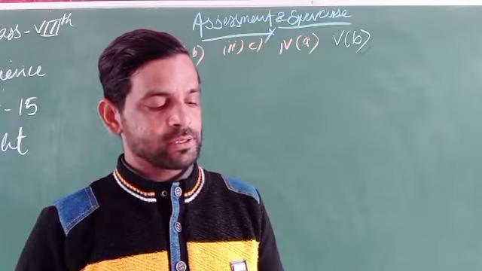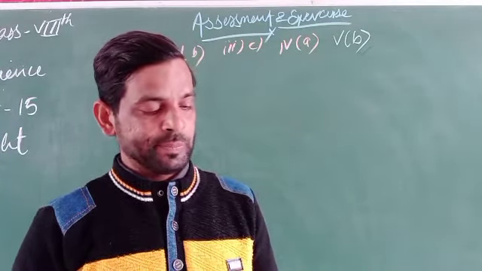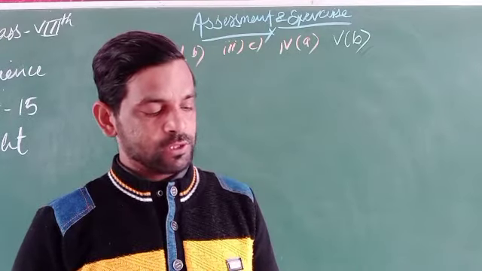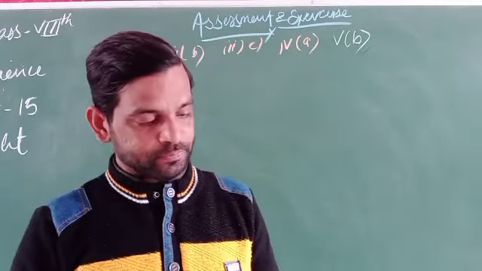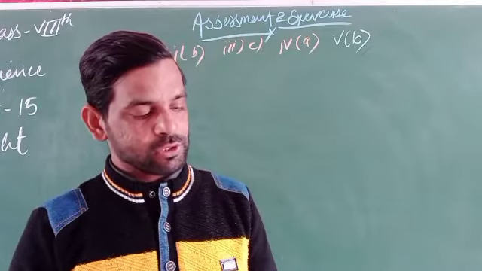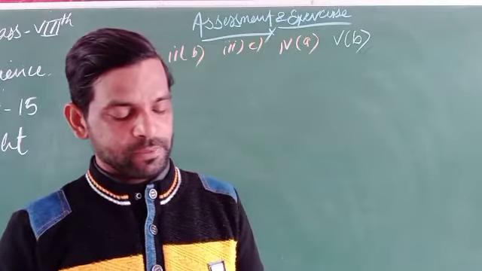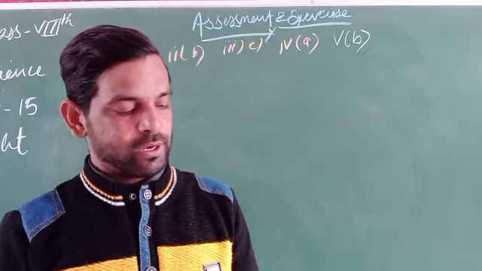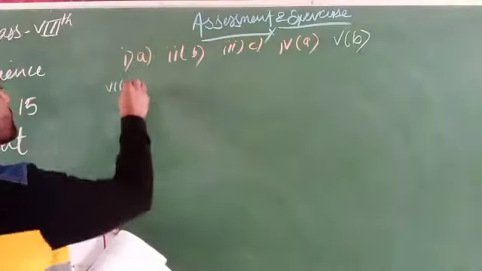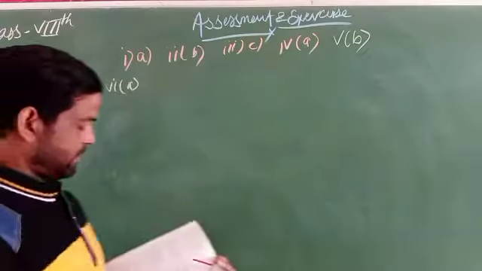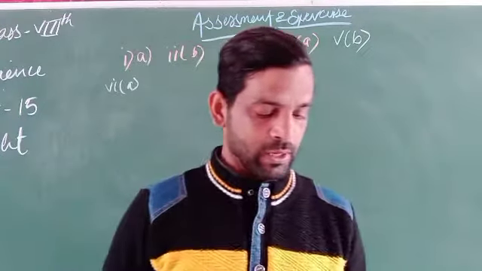A ray of light incident on mirror A at an angle of 25 falls on mirror B after reflection. The angle of reflection for the ray reflected from mirror B would be 25 degrees. So the sixth one, A, it is also 25 degrees.